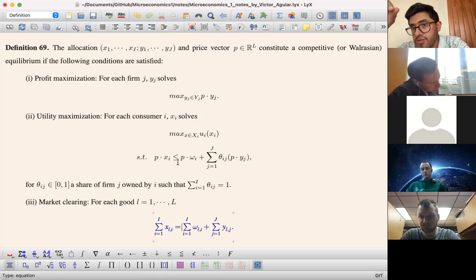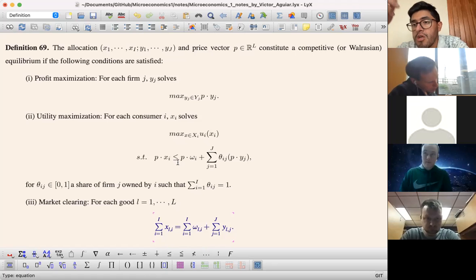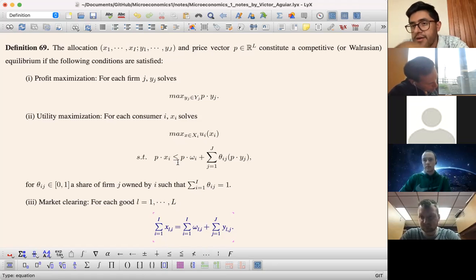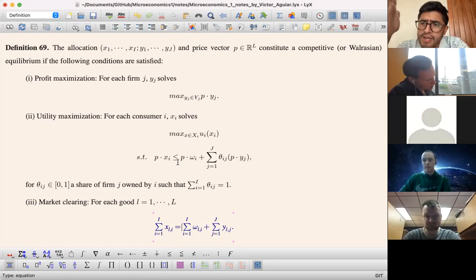First, the economic allocation, so whatever people consume and whatever firms produce, and a price vector. So these three conditions are a way to describe a system of nonlinear equations that are going to have as a solution whatever people consume, x, whatever firms produce, y, and the price that makes markets clear all of these. So prices have the role, together with the economic allocation, of solving this system of equations.